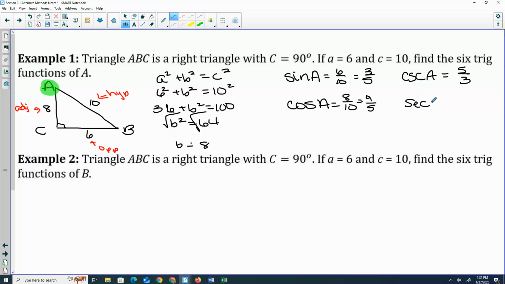So the reciprocal would be 5 over 4. And then tangent, TOA, opposite over adjacent. So 6 over 8 reduces to 3/4. So the reciprocal would be 4/3.